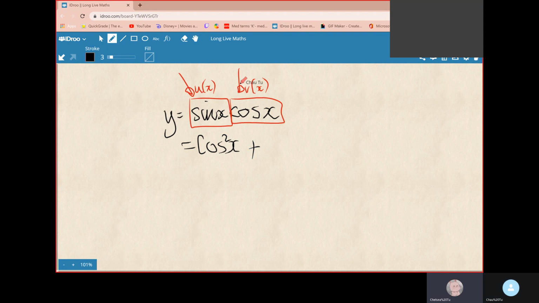Stop, you're messing with my head. Sorry. Leave the second alone. Differentiate the second. Cos x.